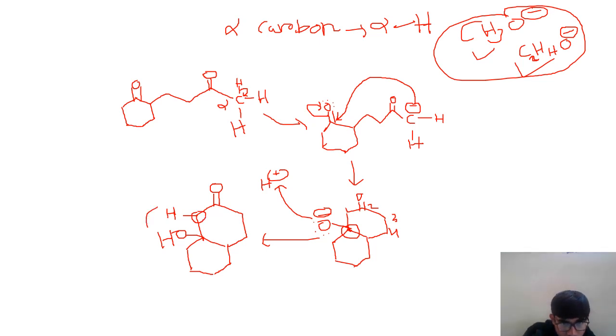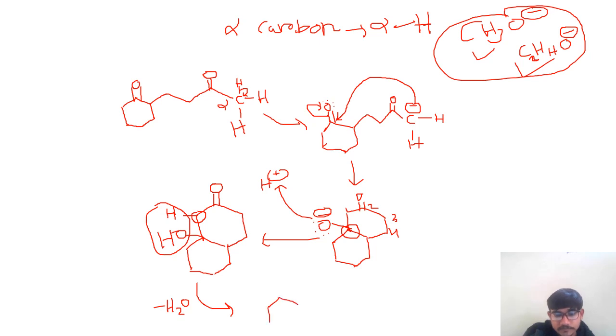So this OH and this hydrogen are going to be removed in the form of water, and this will ultimately form the final compound, which looks like this. So this one is your final compound.